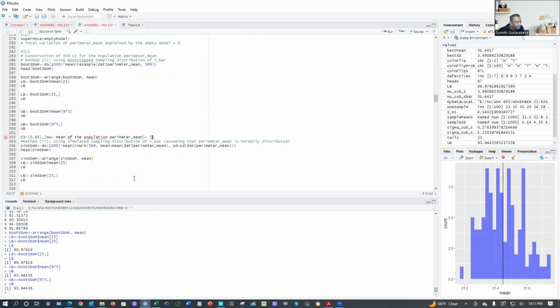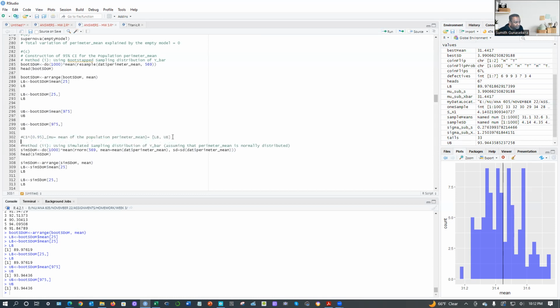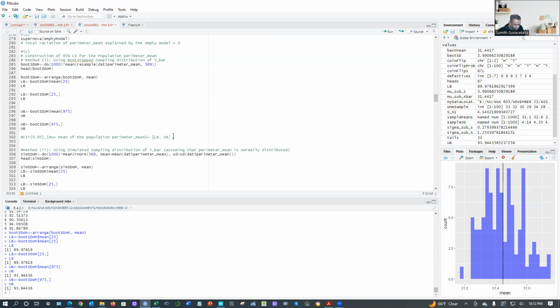In brackets I can put the lower bound. Simply I can say LB of mu, upper bound. So I can comment this out: equals so much, lower bound, comma, upper bound.